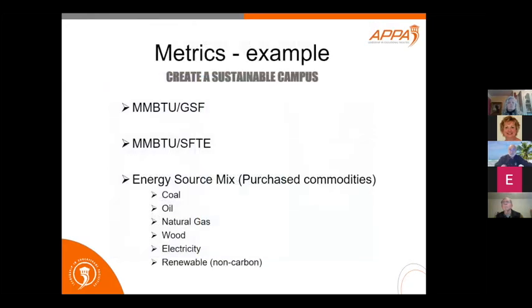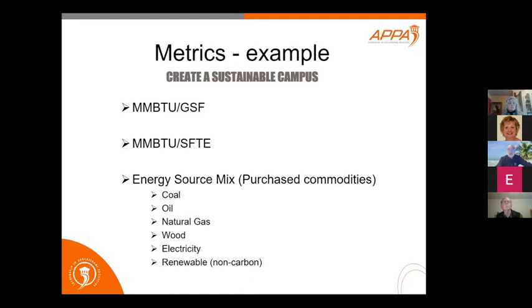So some of the metrics that can be found in the FPI might be ones that will help us create a more sustainable campus. So we can look at the energy consumption per gross square foot on campus. And that makes a great deal of sense because energy is consumed by the buildings, but it's also consumed by the occupants. And so you may want to track energy consumed by student.